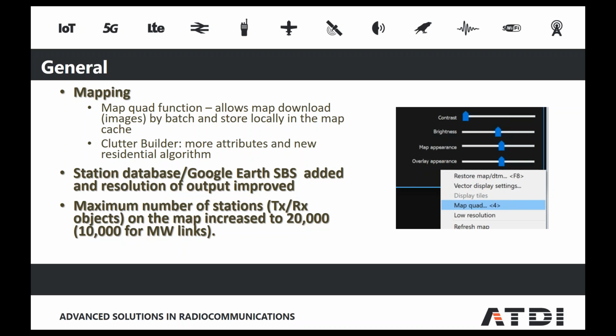And there's a new algorithm that will allow you, if you've got things like buildings data, to look at what types of clutter based on heights of the building. The reason why that's useful is often you may have some buildings data, but if you don't have any associated clutter data with that, then for some of the functions within the tool, you actually need clutter layers to be able to run those. So it allows you to automatically build that. And so there's quite a few extra attributes generally around the clutter builder.